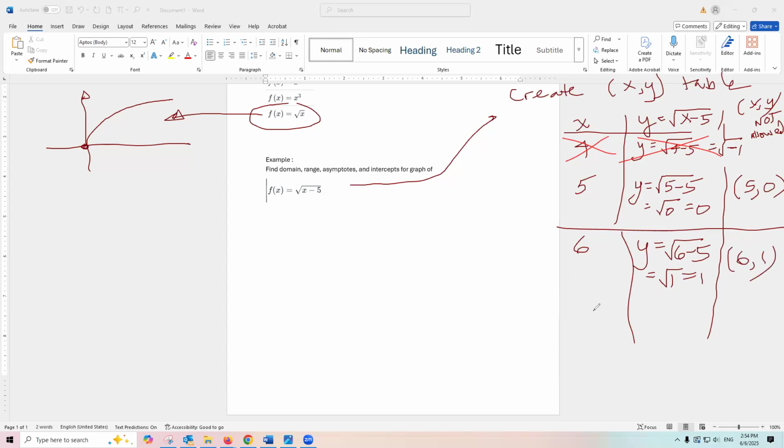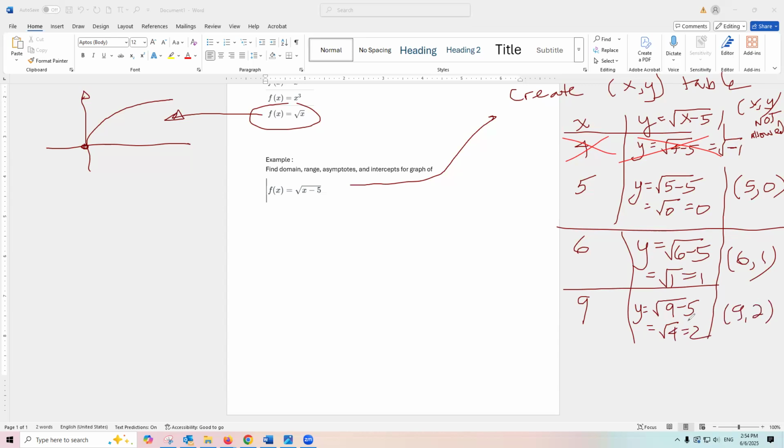All right, let me do a few more. I'm going to pick some numbers in order to get the square root to work out to be a whole number. I'm going to try to avoid messy decimals here when I take square roots. So I'm going to pick 9 as my next number. Y is the square root of 9 minus 5. That's the square root of 4. That's 2. So 9 comma 2.